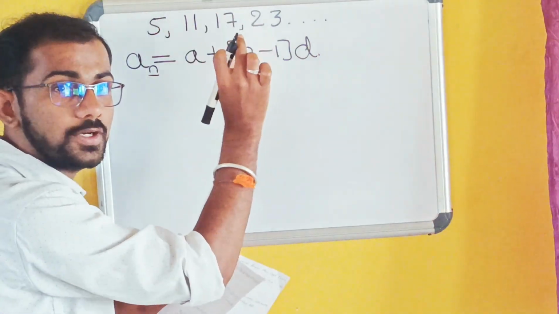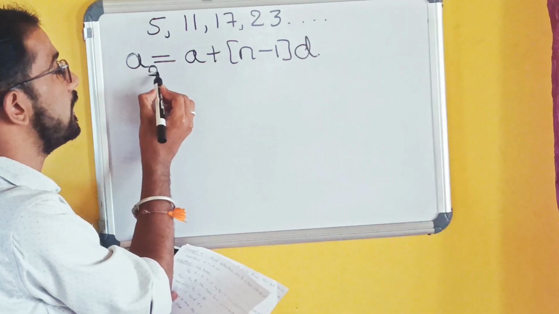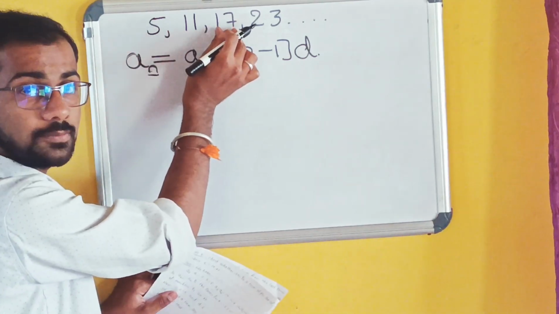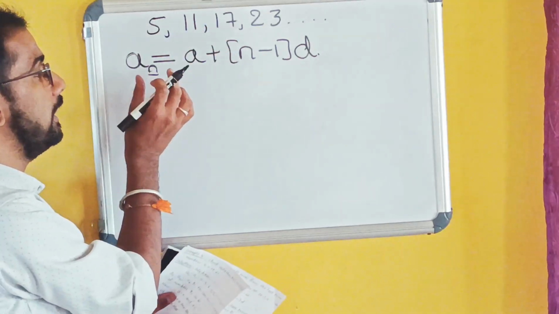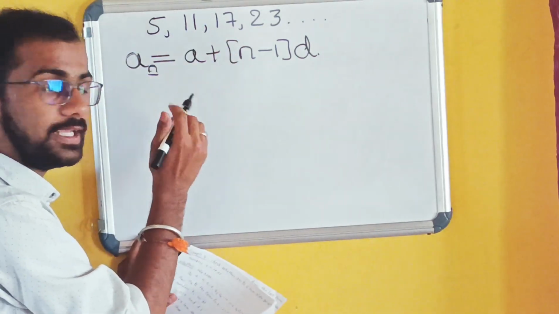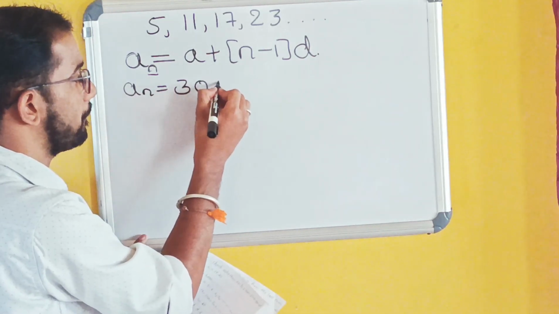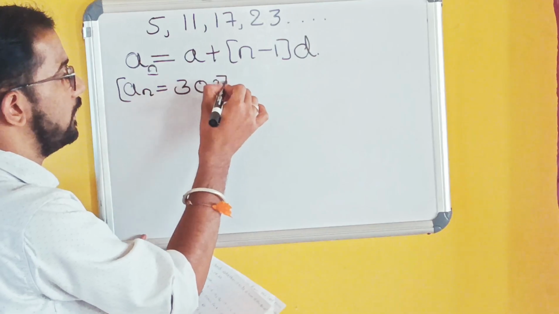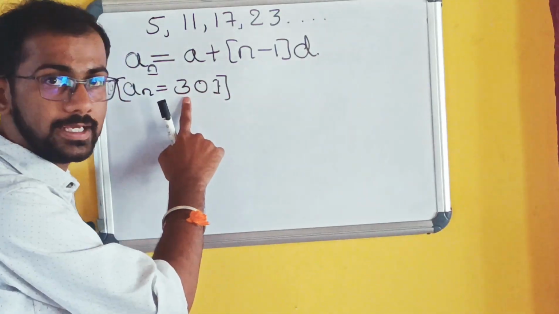But an is represented as a particular term. If we take an as 301, let us assume 301 to be the an.